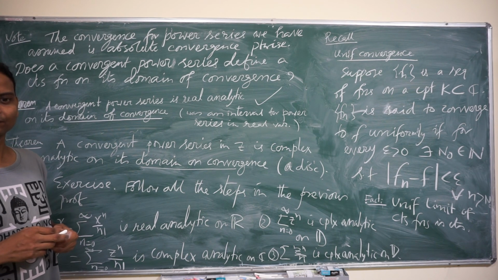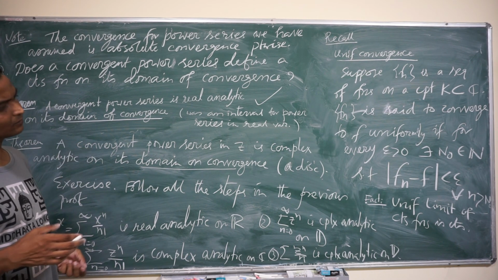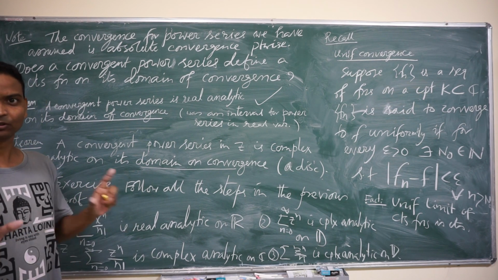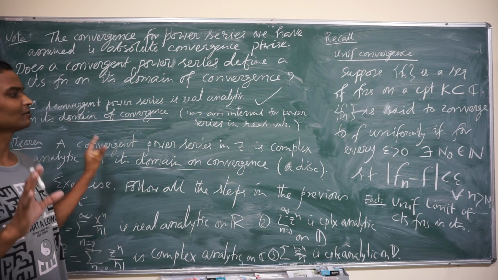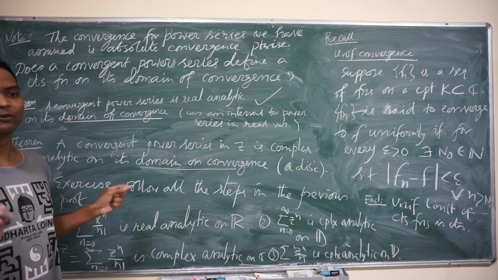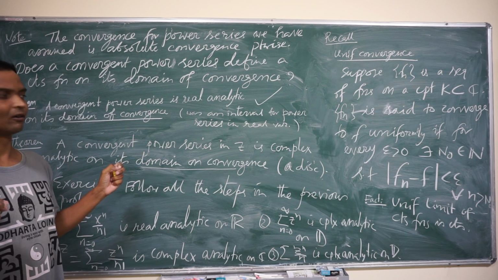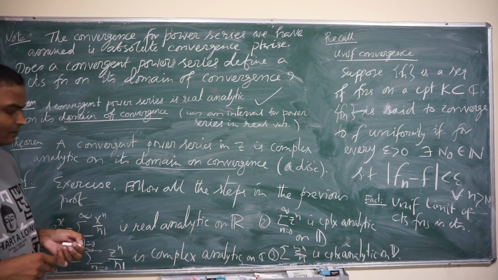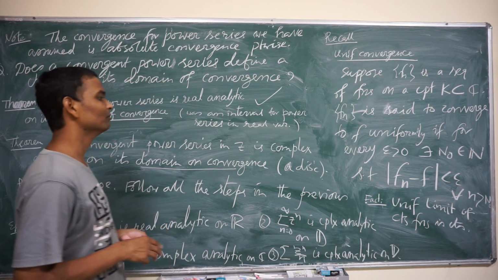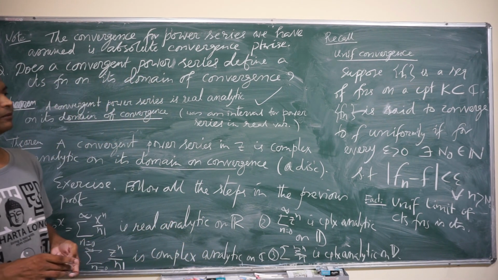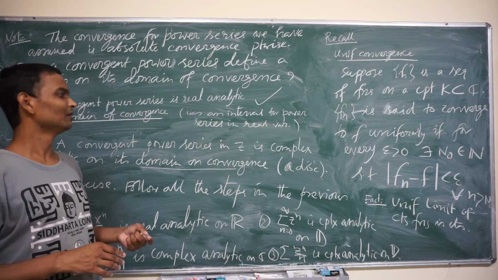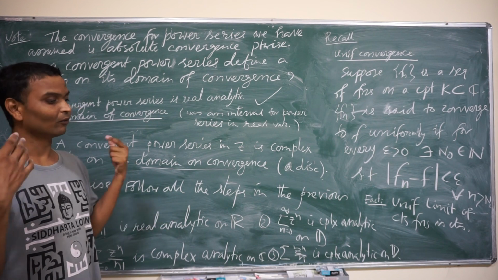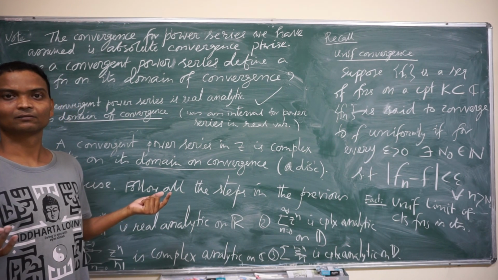So we'll show that a power series converges uniformly on every compact subset of its domain of convergence. Then there are a few more questions, which we'll state in the beginning of the next video, about differentiability, once continuity is settled.